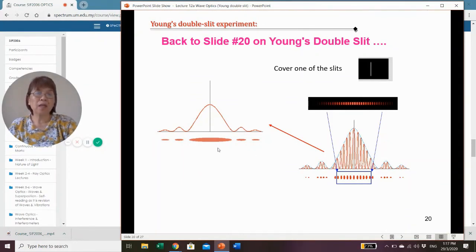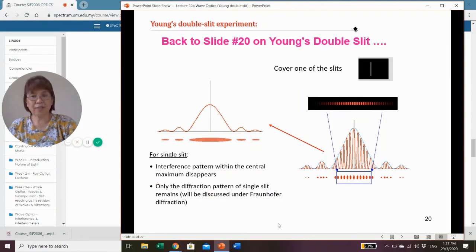So this is due to diffraction. It is actually Fraunhofer diffraction of a single slit. We will discuss this in probably about 3 lectures later.